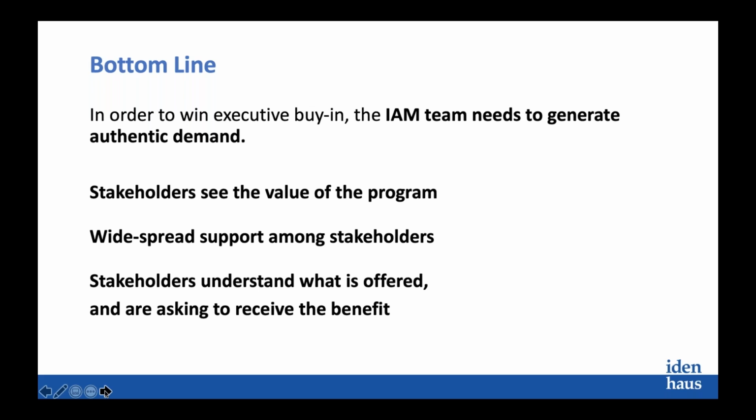From there, you can develop and evangelize the solution and generate authentic demand. Authentic demand is when people understand what is offered and are asking when they can receive the benefits. This is the pivot point from something that is aspirational to something that is attainable. This is where the rubber meets the road and we can move our project forward.